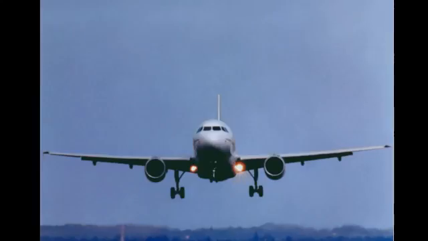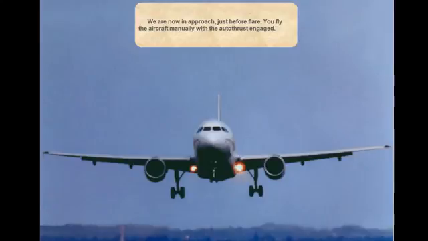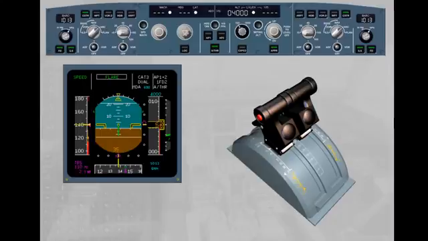We are now in approach, just before flare. You fly the aircraft manually with the autothrust engaged. Note that the autothrust is in speed mode. During a hand-flown flare, the pilot has to reduce the thrust for landing.